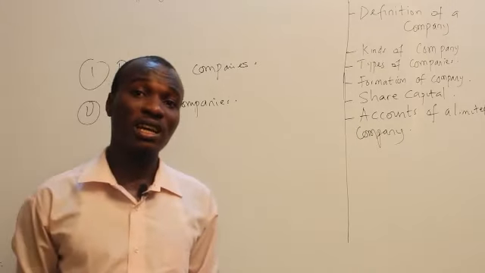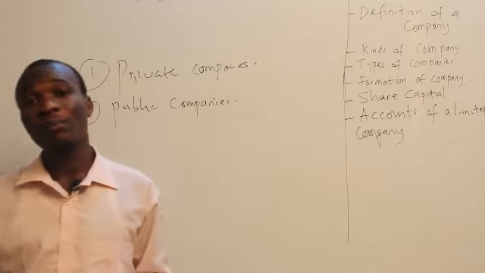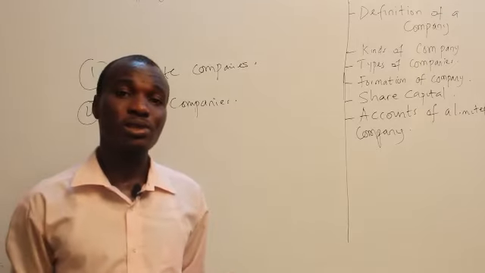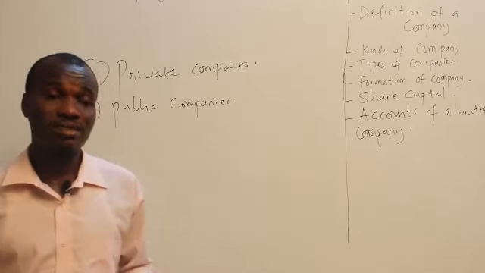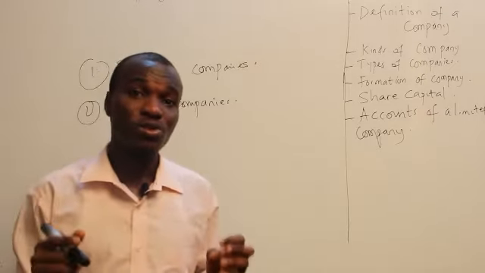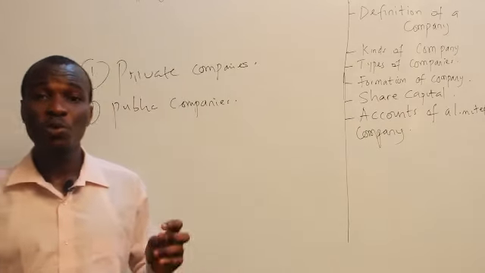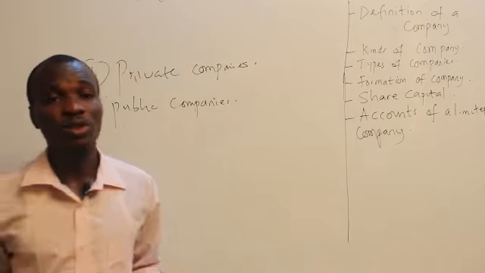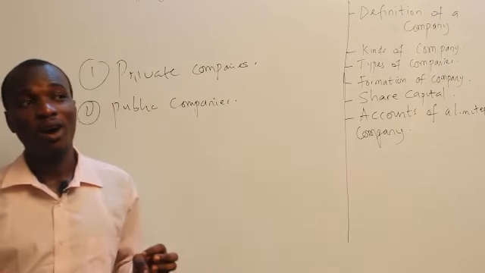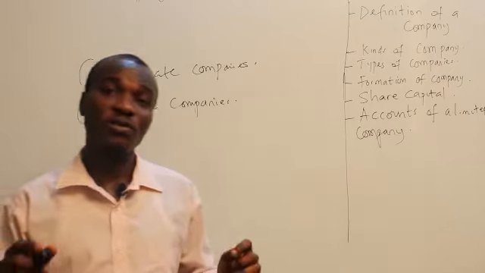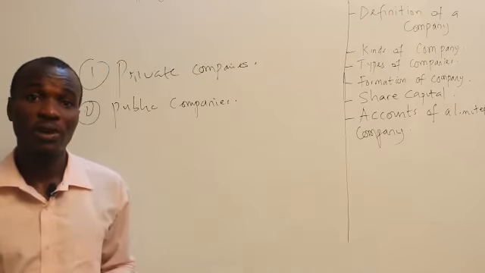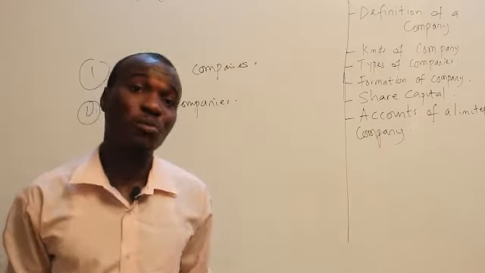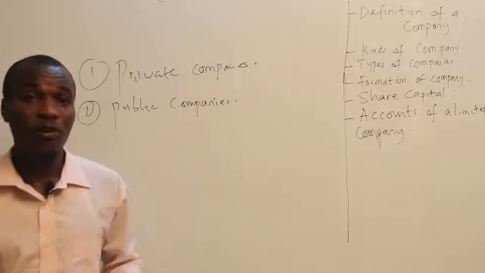Someone cannot transfer shares to any other person without the consent of other shareholders. So whenever shares are to be transferred, the other shareholders must have knowledge of such a transfer.